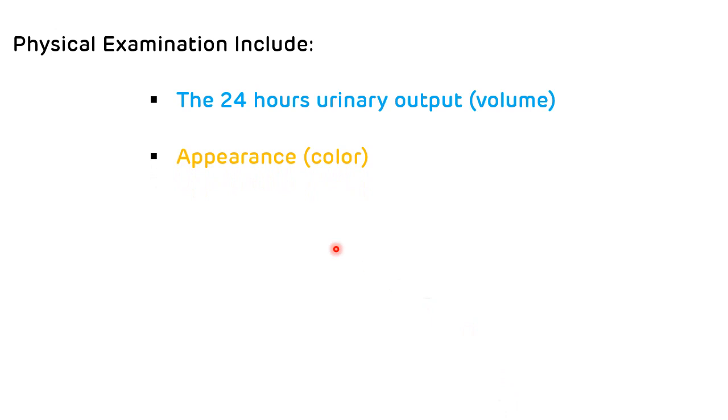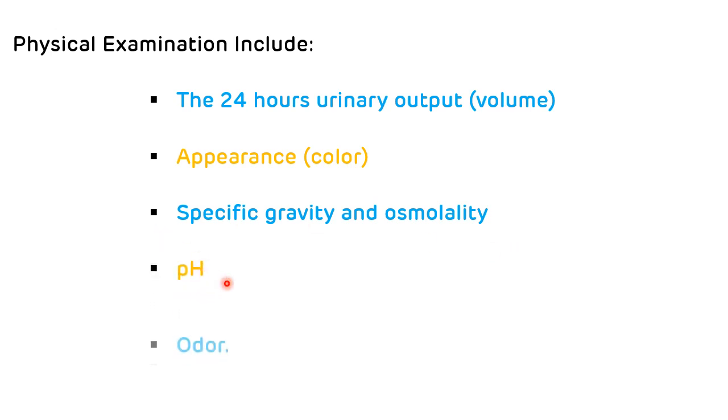Physical examination includes 24 hours urinary output, that is urine volume, appearance of urine, that is color of urine, specific gravity and osmolality, pH of urine, and odor of urine.